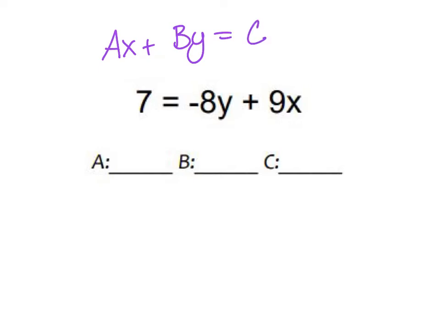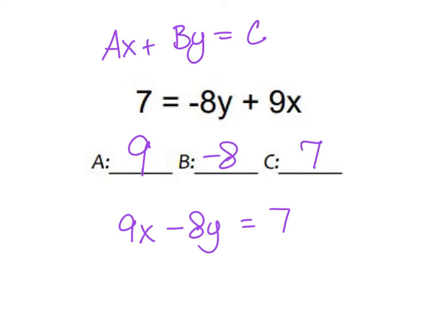So I'm just going to rearrange everything. I'm going to move the 9x to the front. It's positive, so it stays that way. The -8y will go next, and then equals 7. So I can see now that the a value is 9, b is -8, and c is 7.